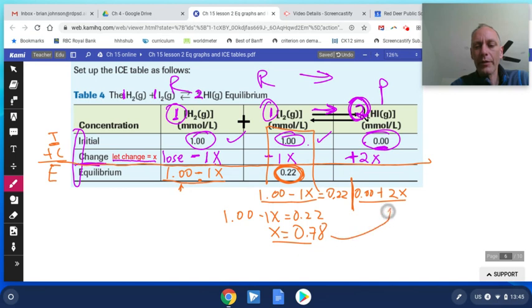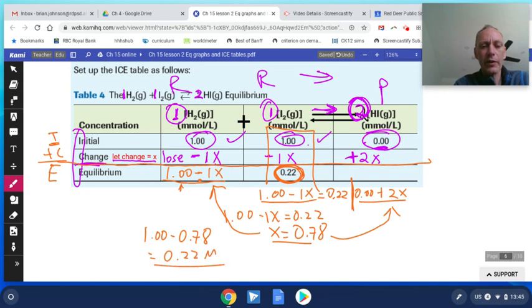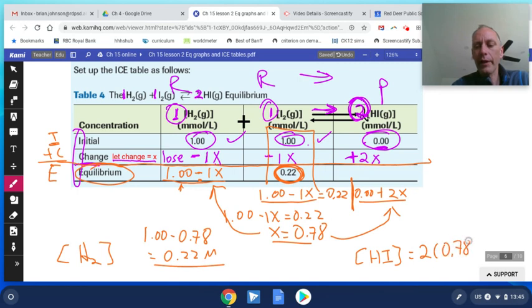So now we can substitute it into these two expressions. So this becomes 1 minus 0.78. Okay, there's our equilibrium concentration of hydrogen. And our concentration of hydrogen iodide is 2x, or 2 times 0.78, which is 1.56 molar.